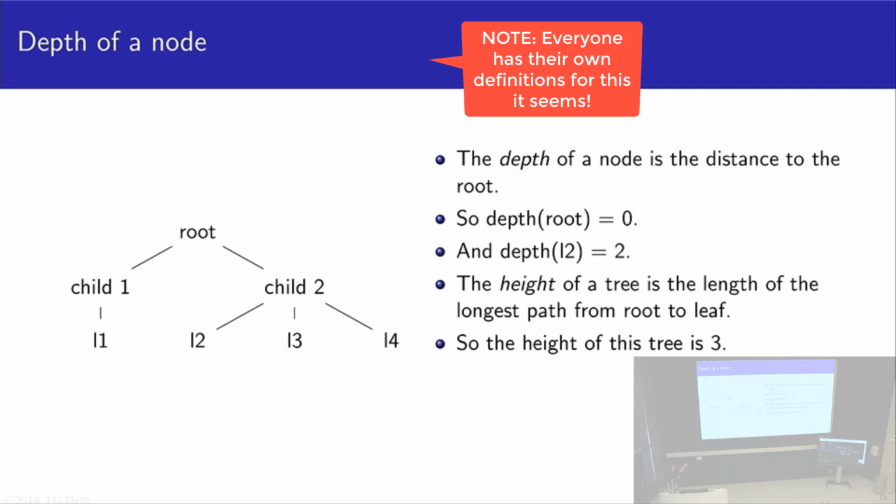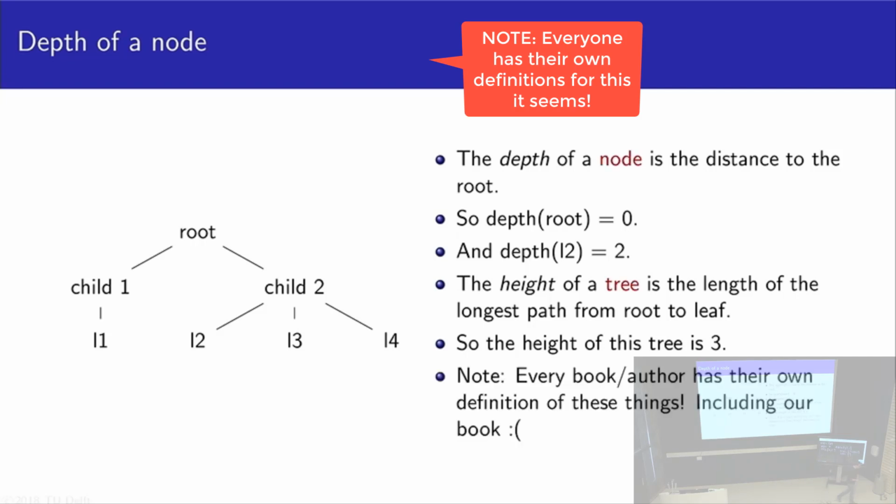Well, we have 1, 2, 3 layers in the tree, if you will. And now there is this important distinction between the depth of nodes, so these are properties that all of the nodes have, and the height of a tree, so this is the property that the tree has as a whole.